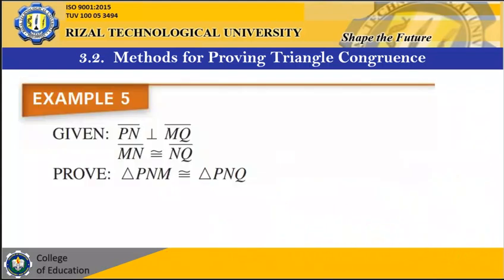Let's have an example. Given that segment PN is perpendicular to segment MQ and segment MN is congruent to segment NQ, let's prove that triangle PNM is congruent to triangle PNQ. Before we proceed with the proof, let us first illustrate our given. Let's draw first segment MQ.